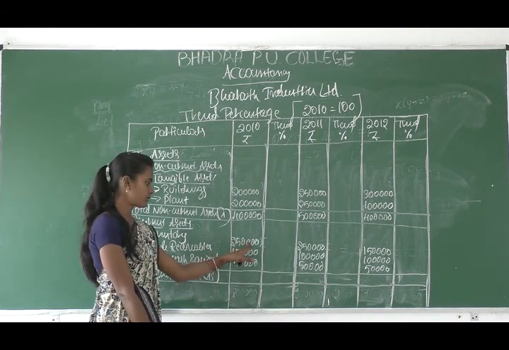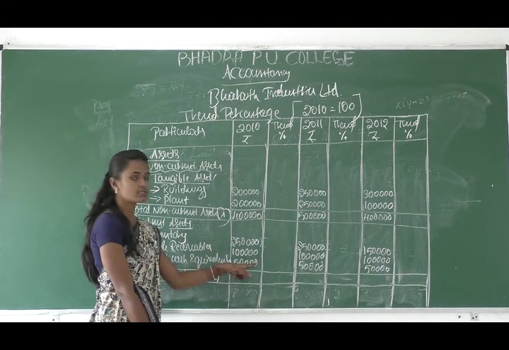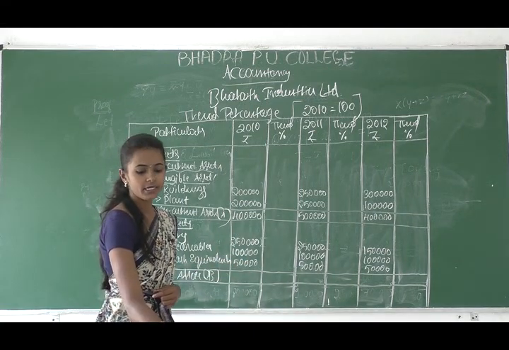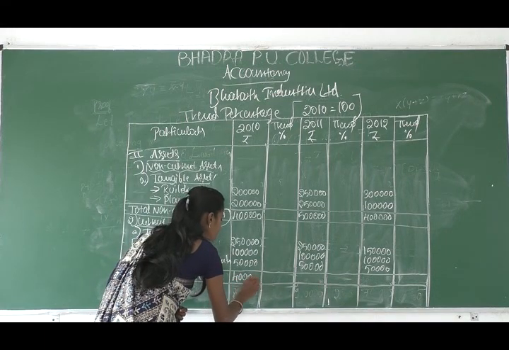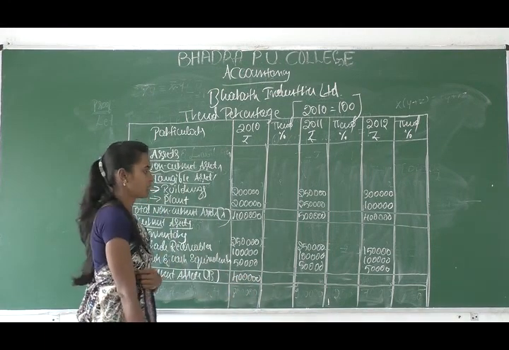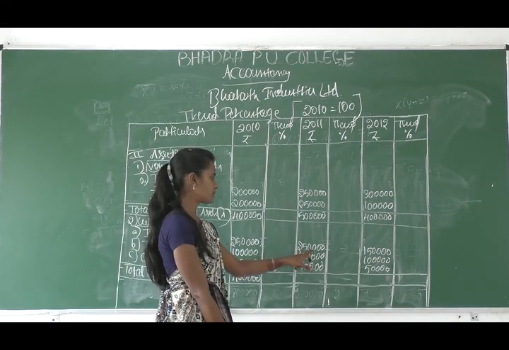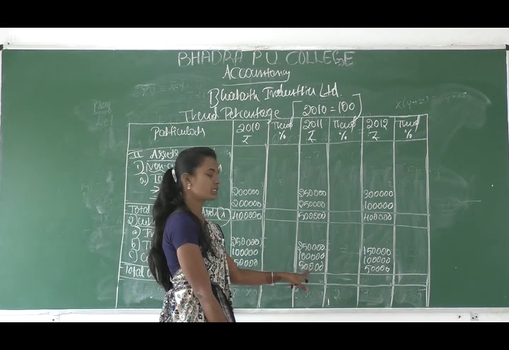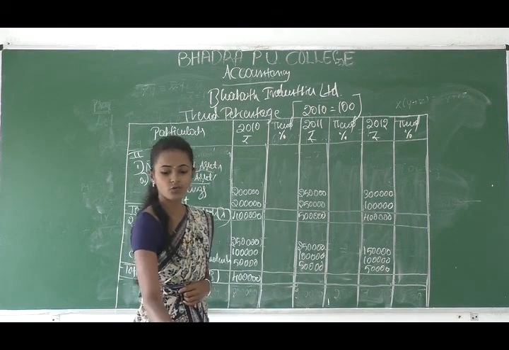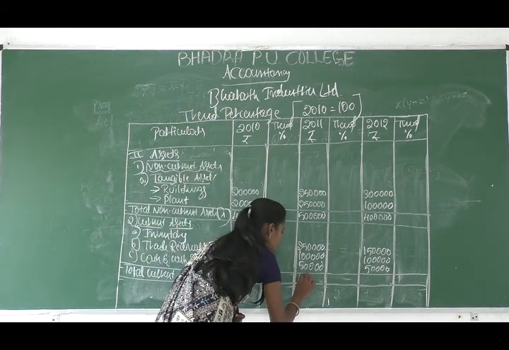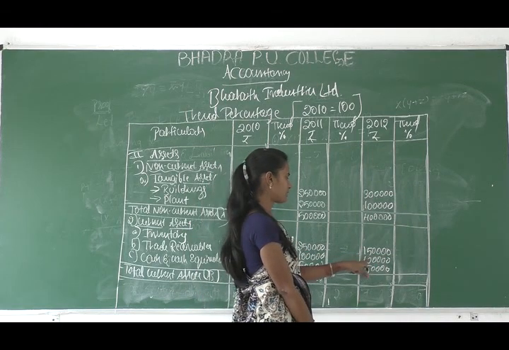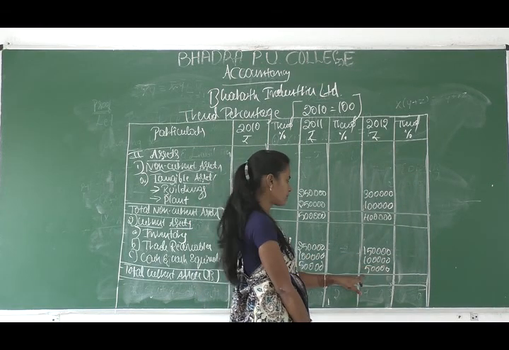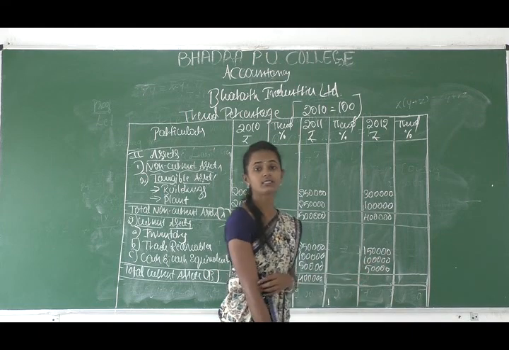So 2,50,000 plus 1 lakh plus 50,000, now it's 4 lakh rupees. Yes, and here 2,50,000 plus 1 lakh plus 50,000, again it's 4 lakh. Okay, and here 1,50,000 plus 1 lakh plus 50,000, it's 3 lakh.